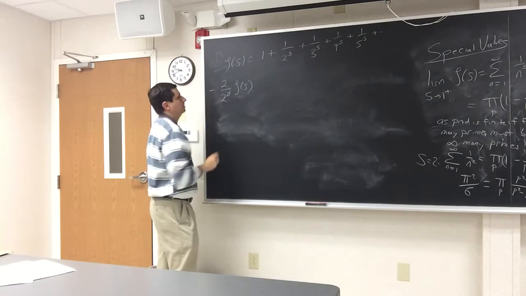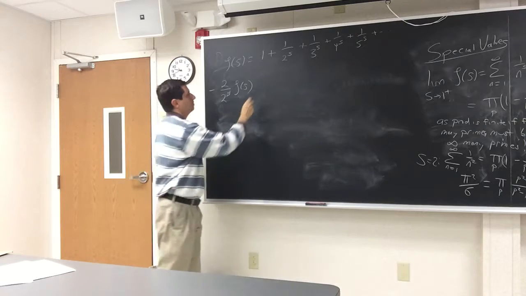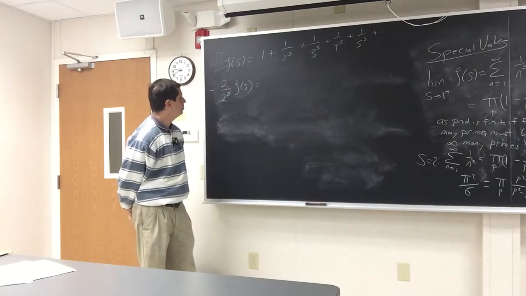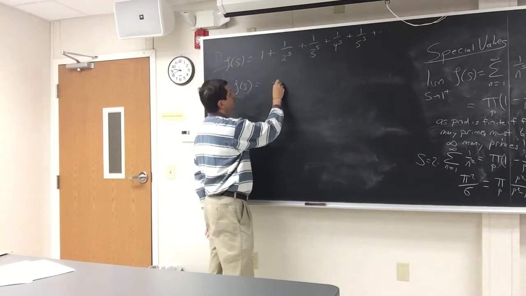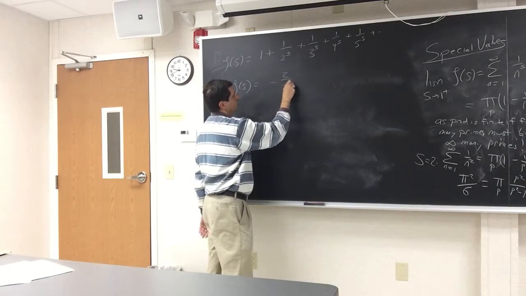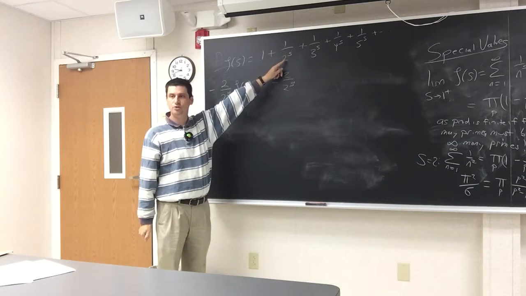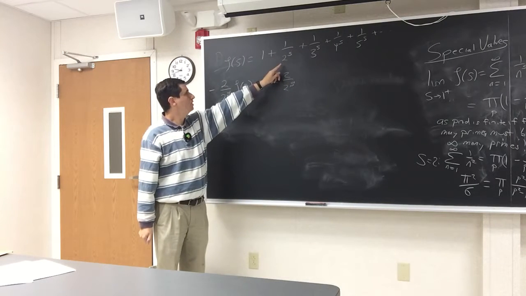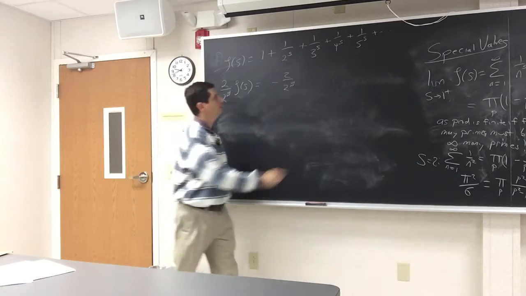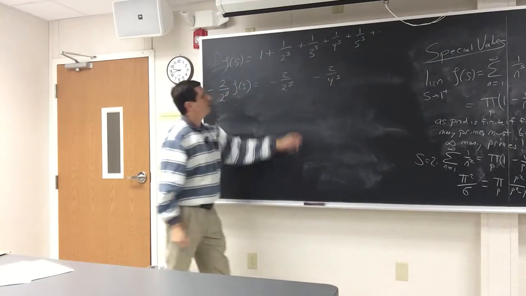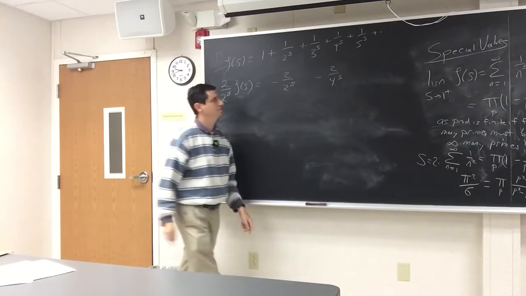And I'm going to subtract. So 1 times 2 over 2 to the s is I'll have a negative 2 over 2 to the s. And then when I multiply this, I'll get a 2 over 4 to the s. And the next one is I'll get a 2 over 6 to the s.